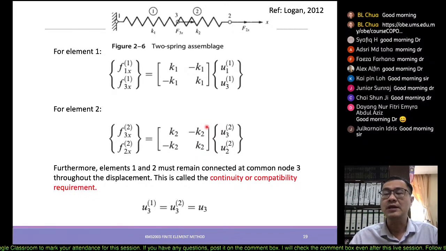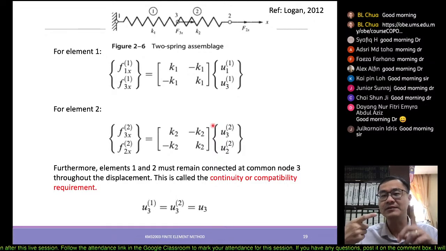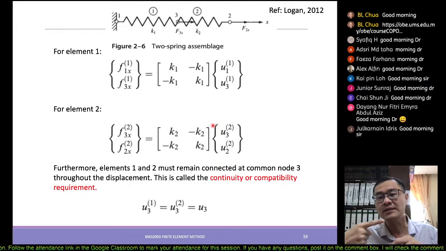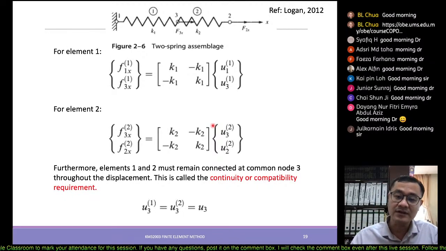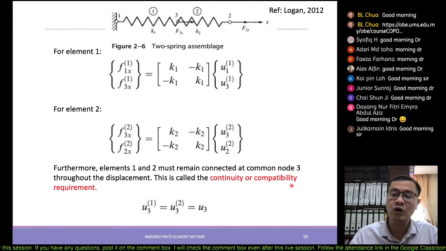sections or chapters related to the finite element software, we have mentioned somewhere that when the software combines all these elements, remember there must be a node, it cannot be at the mid side and so on. So they actually need to comply with what we call the continuity or compatibility requirement.